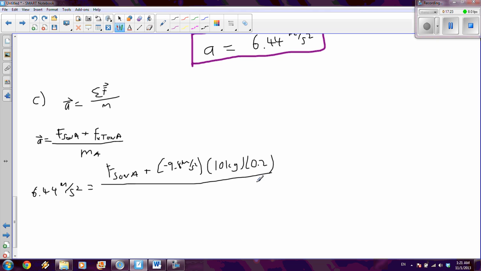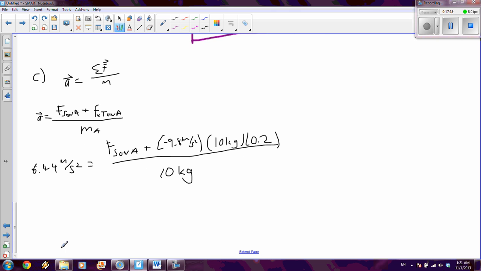So I'll divide by our mass of 10 kilograms. Multiply both sides by 10. We get 64.4 kilograms times meters per second squared.